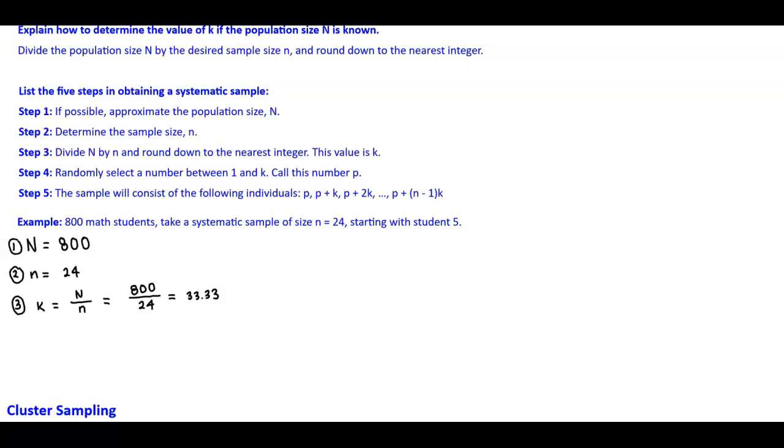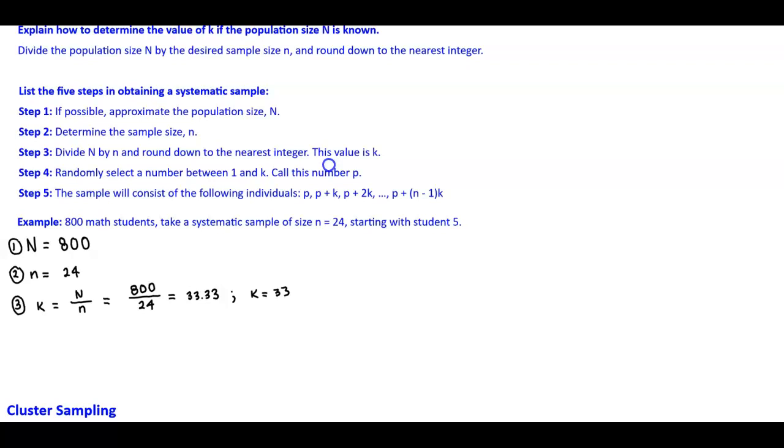Now remember that we want to find k, and it says here that we need to round down to the nearest integer. So therefore k is now going to equal 33.